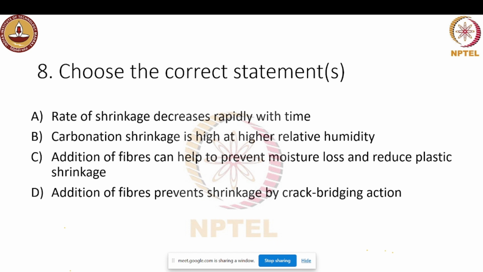I have never seen that moisture loss. Yes, it is wrong. It's not completely wrong; it reduces the shrinkage, but not because of the loss of moisture. And addition of fiber prevents shrinkage by crack bridging action. This is right. Okay, so the right answers are A and D. It's clear with everyone, no? Yes, ma'am.